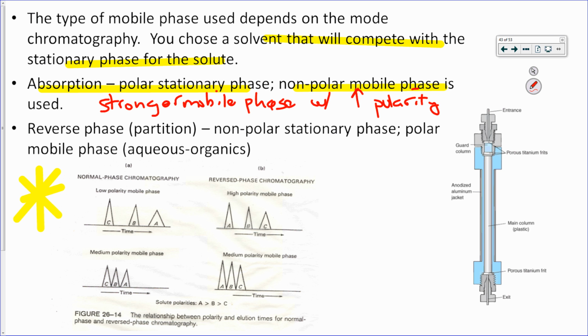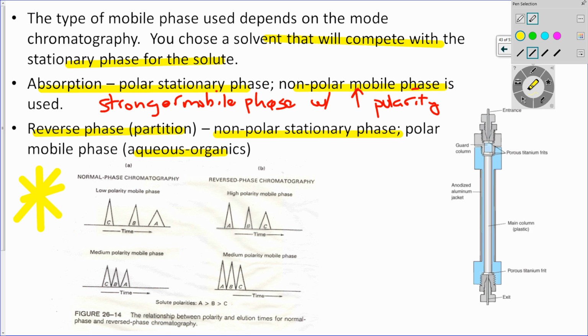Now reverse phase is the opposite. Reverse phase switches the stationary phases around. It uses a nonpolar stationary phase, and it uses a hydroorganic solvent, but now you've switched your relationship around.